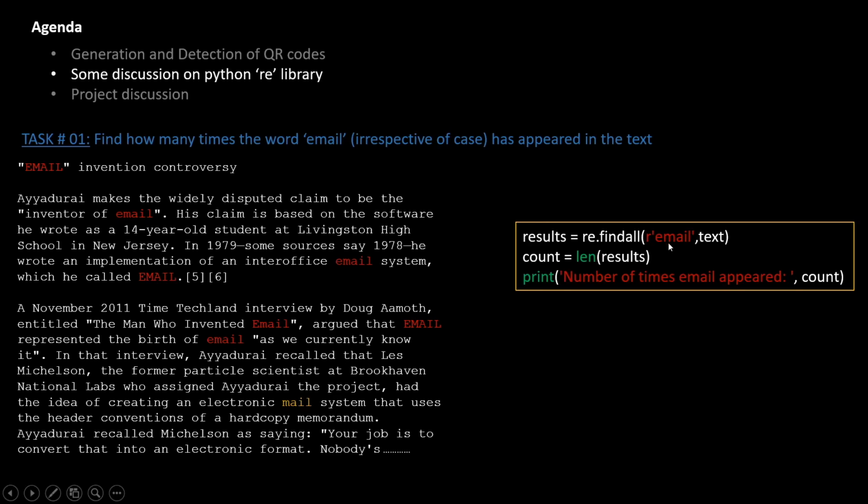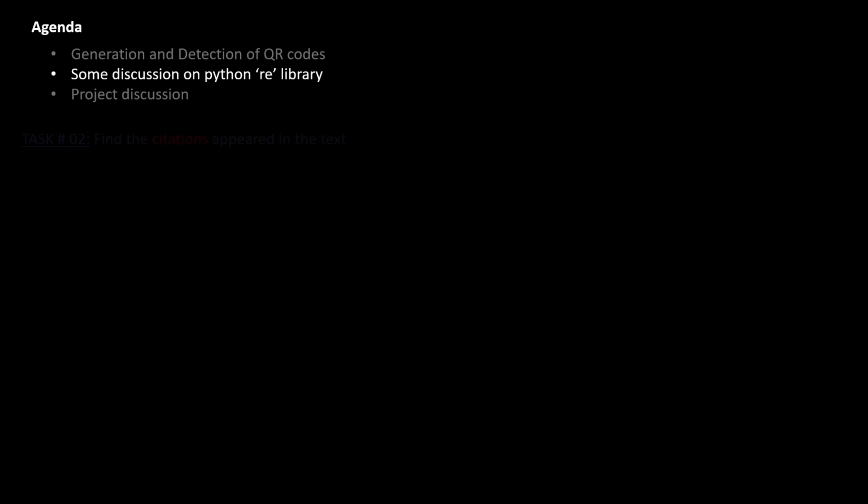Whatever word you want to find in the given text, you have to enter like this, and this is a string variable which has the entire text, and results is a list of all these words, and its length gives the count. This first task can be done using these 3 lines of code, actually 1 line.